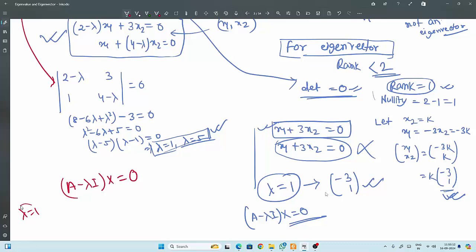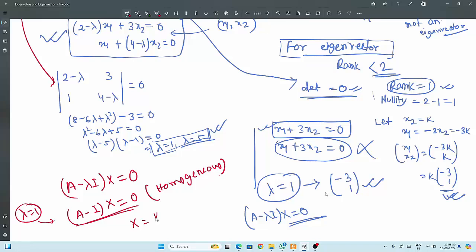Suppose lambda is equal to 1, that means you are getting (A - I)x = 0. If you solve this homogeneous system, since rank is equal to 1, you will get an infinite number of solutions, and the solution is actually x = k times (-3, 1). And this is the independent part, and this independent part is actually forming the basis for the solution space.